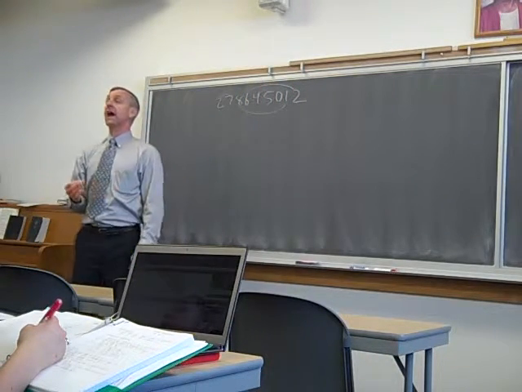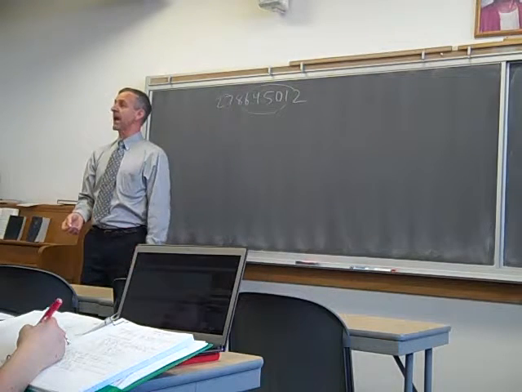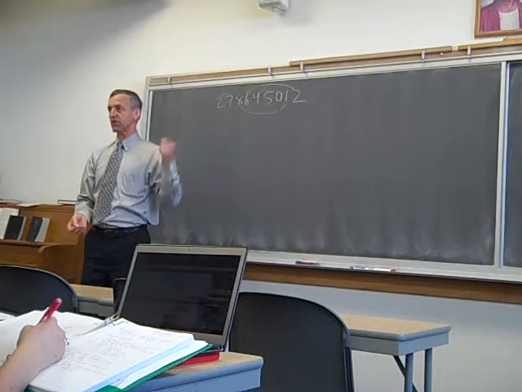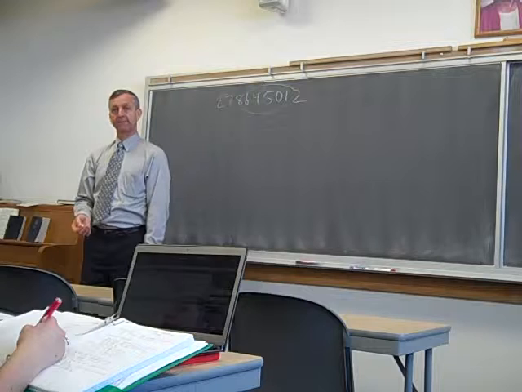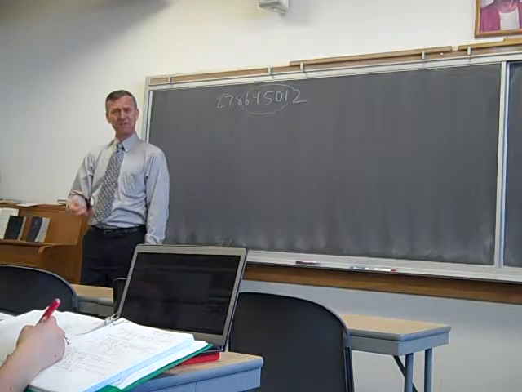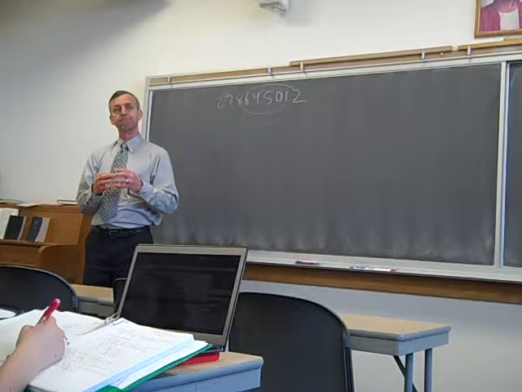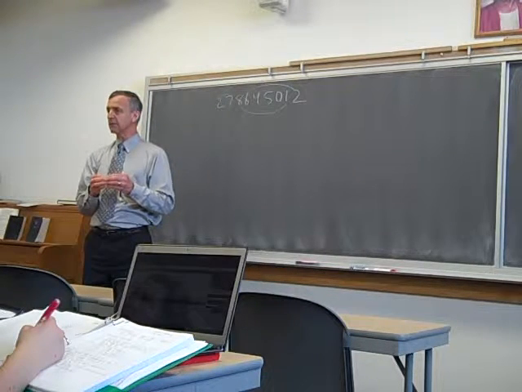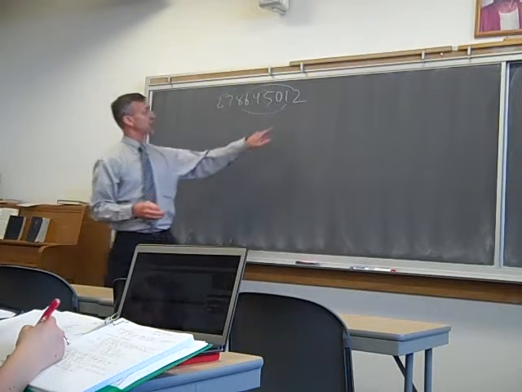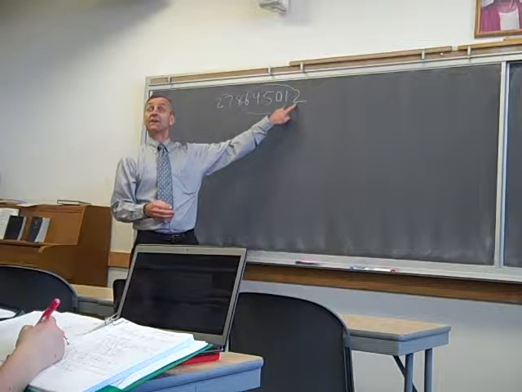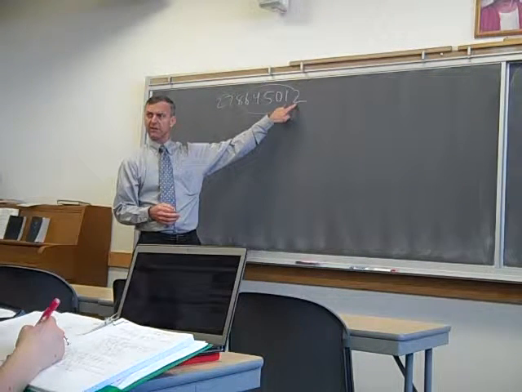If it made 9, I would say yes, this is divisible by 9, but it's not, so this number is not divisible by 9. I don't even know what the sum is, but does everybody see how I grouped it in sums of 9? So if I were to change this number to 3, this number would be divisible by 9.